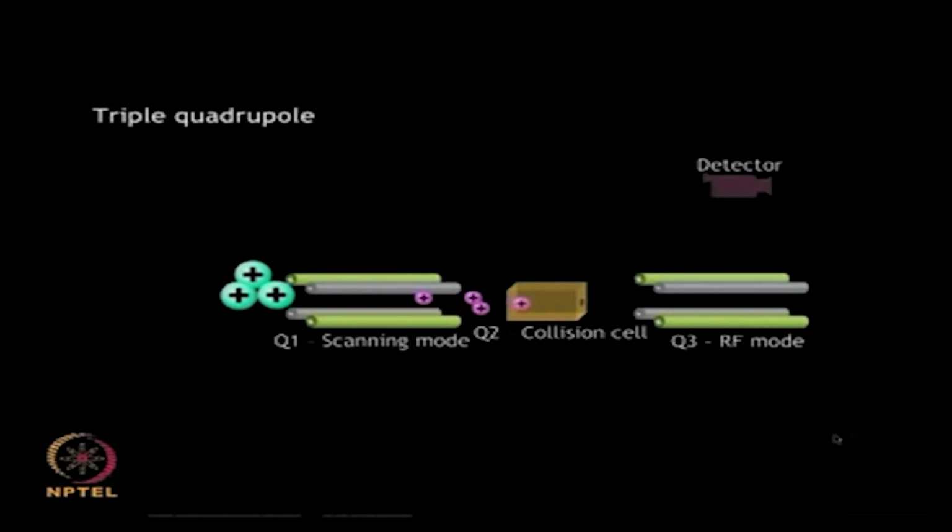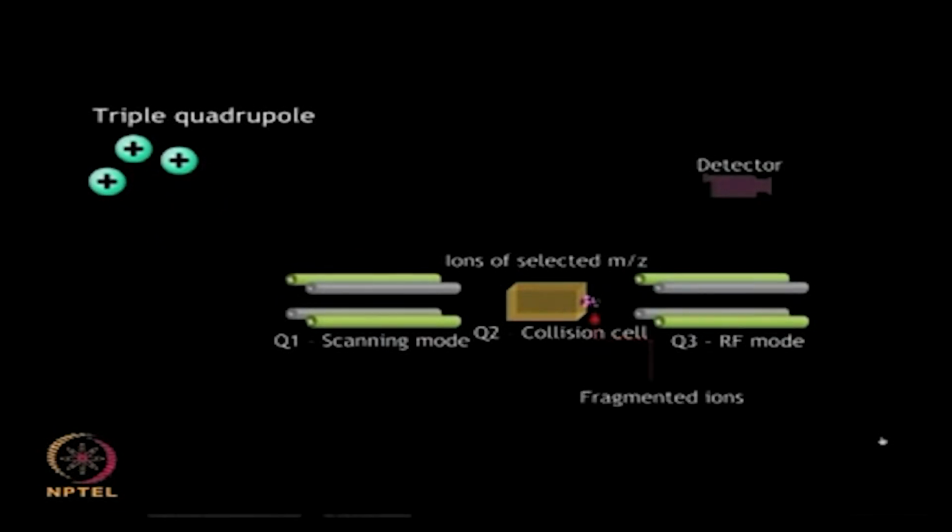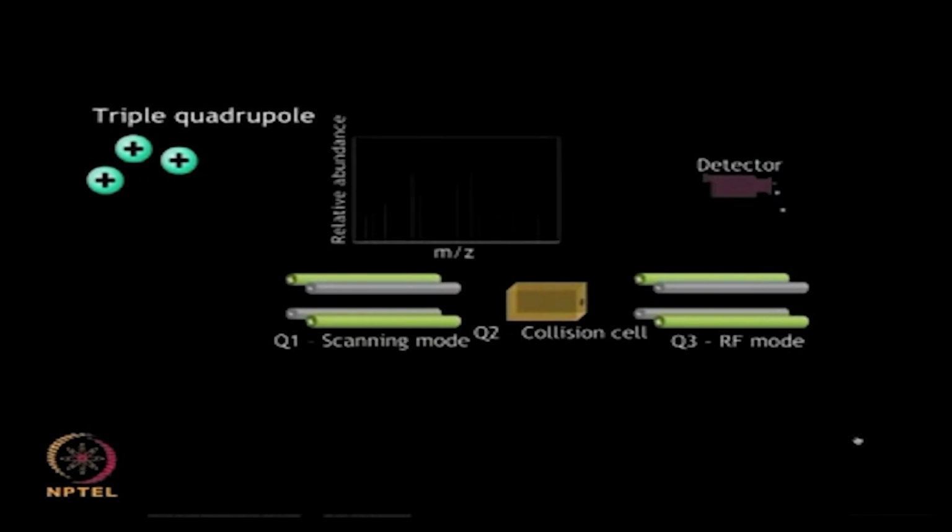These ions enter the collision cell, where they are fragmented by collision against an inert gas like argon. The smaller fragments can then enter the third quadrupole Q3, which scans all the ions in a radio frequency or RF mode, which generates a spectrum based on the varying behavior of ions in an oscillating electrical field.